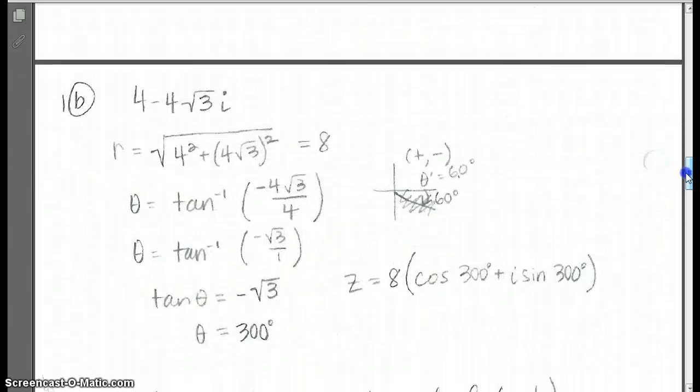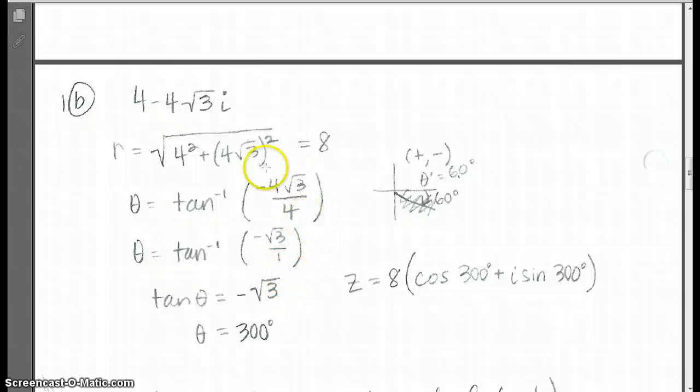And here's another one where, again, we're squaring a plus b squared to get the value for r, and we want to do the inverse tangent. You want to clean this up so that you get this nice special angle, and we know that this happens at 60 degrees, where it is the square root of 3 over 1.